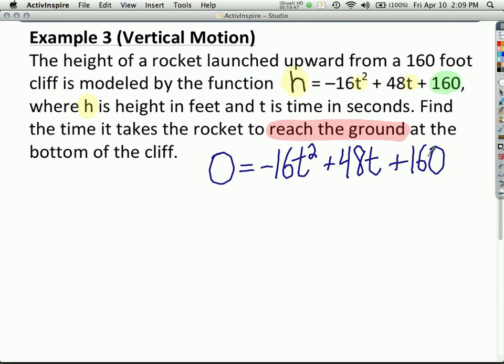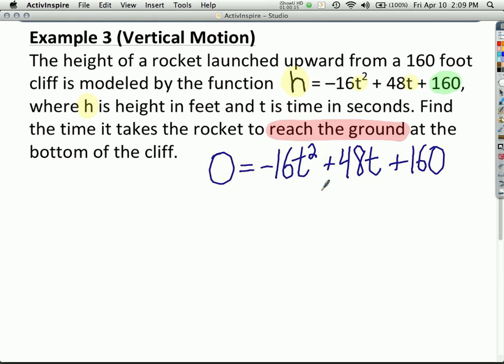We could graph it, and that would be an absolute nightmare. Because the first thing you need is the vertex, and the vertex would be the opposite of b over 2a. We're already involved with fractions, and then we'd have to plug it in and get a nice big number, and it would be a nightmare to graph. It would take a while. But we have just learned today a more efficient approach.